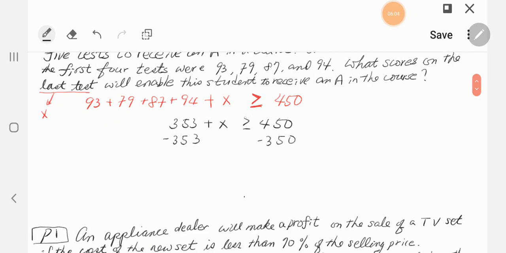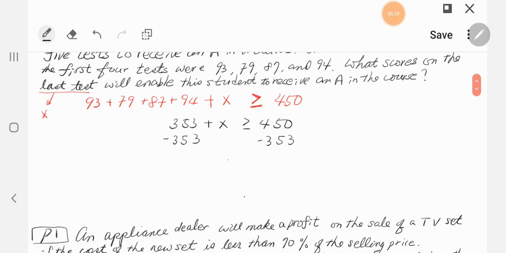We reverse the symbol when we multiply or divide by a negative number. We are just adding and subtracting, so it doesn't matter. So x is greater than or equal to what? Oh, this is 3, right? This is 3.